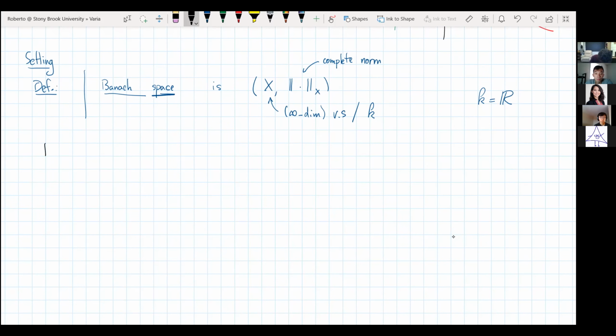So let's say that now we have a function f from a Banach space X to another Banach space Y. We have no hypothesis on this function a priori.